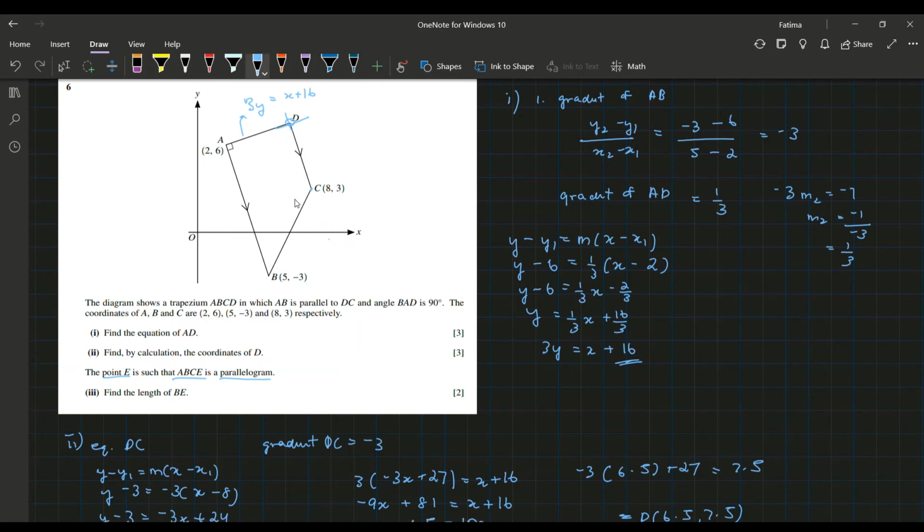Perhaps another way we can do it is by extending point D upwards, so that this is where point E lies, or we extend A downwards over here, so this is where E lies, to make this and this parallel to each other. But in the question it says that ABCE is a parallelogram.